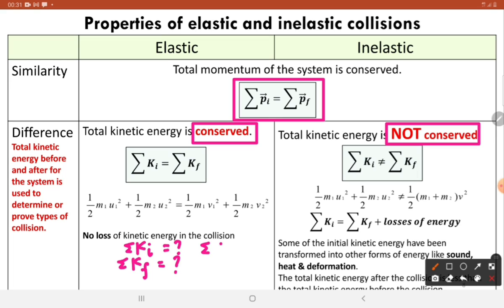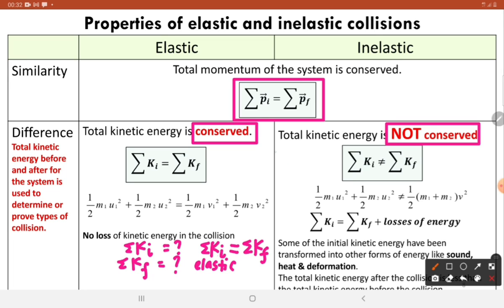If the total kinetic energy initial is equal to the total kinetic energy final, we can conclude that the collision is elastic. Why elastic? Because for elastic collision, the total kinetic energy is conserved. Conserved means the values of total kinetic energy before collision are equal to the values of total kinetic energy after collision.